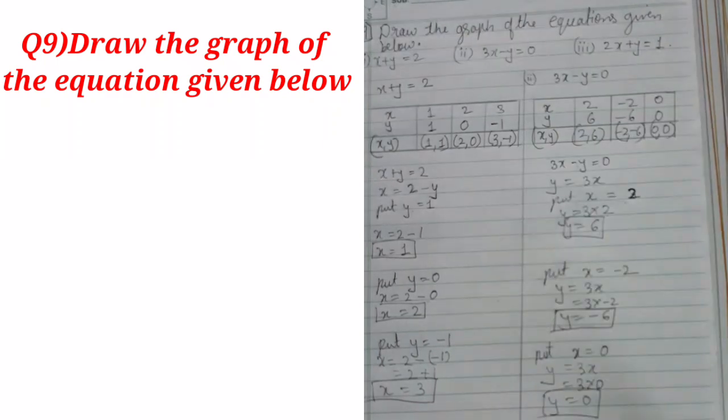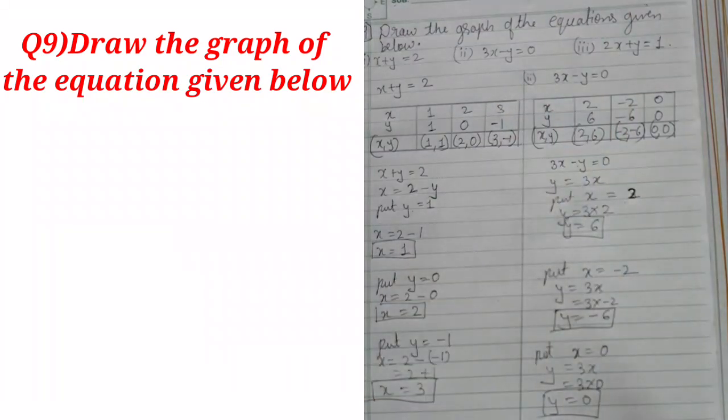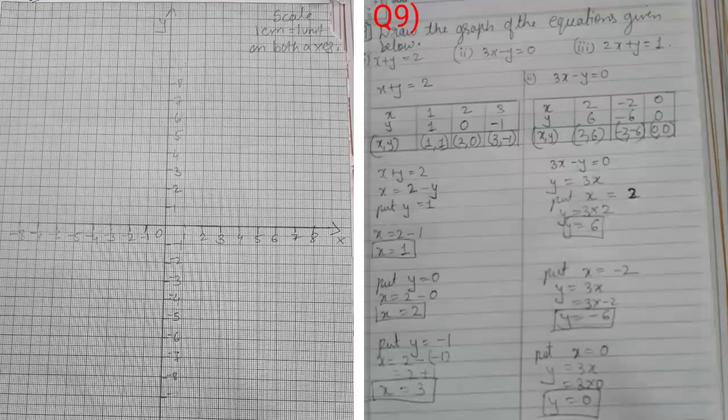Now after solving these two equations, I will draw the graph. The third equation will be the homework for you. You can draw both equations' graphs on one page only. Don't make separate graphs for this. Children, from the first equation we got the coordinates 1 and 1.